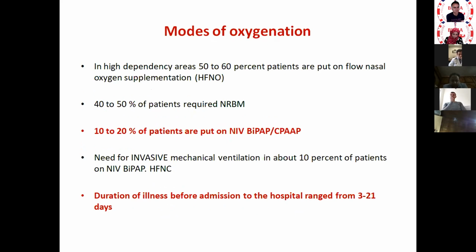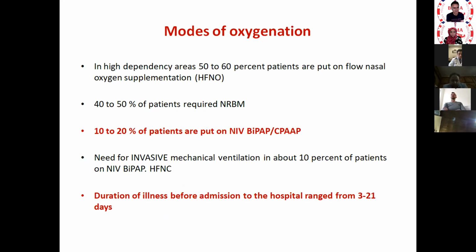Most of the patients are in need of high flow nasal oxygen. Around 50 to 60% of patients are treated with high flow nasal oxygen, while the rest are managed on non-rebreathing masks.